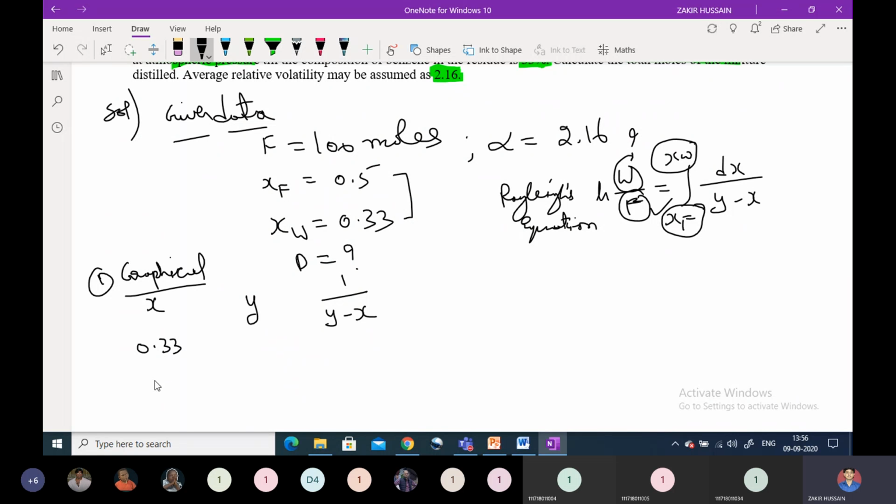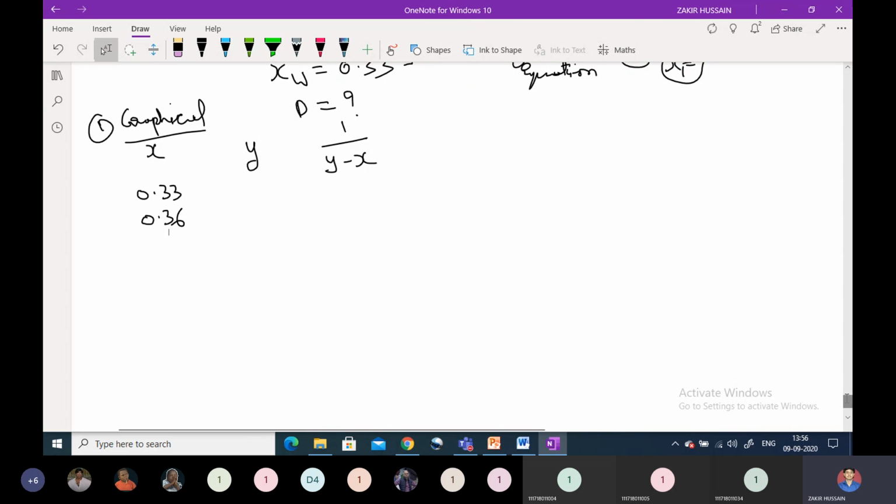Then we will slightly increase these values up to 0.5. For example, after 0.33 let us say this is 0.36. In between values we can assume up to 0.5. We have to just adjust these values from 0.33 to 0.5. Then this is 0.39. The difference between any two points will be 0.03.